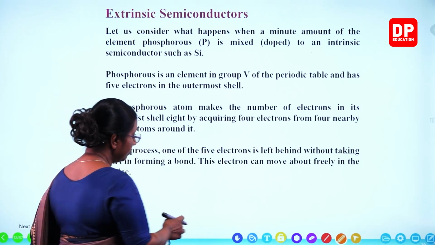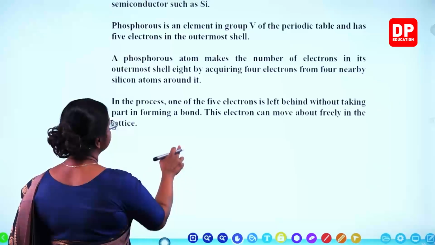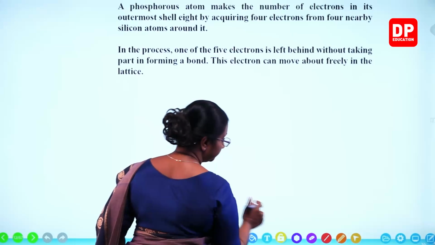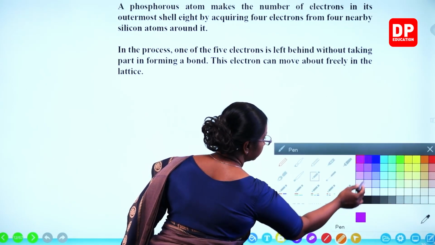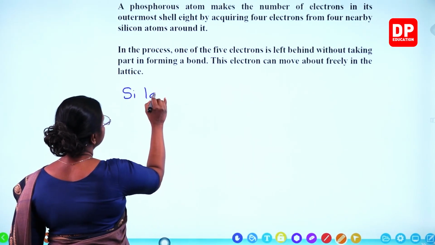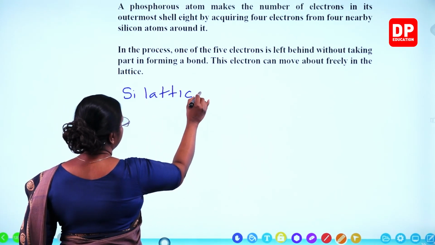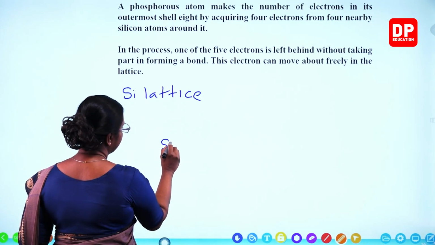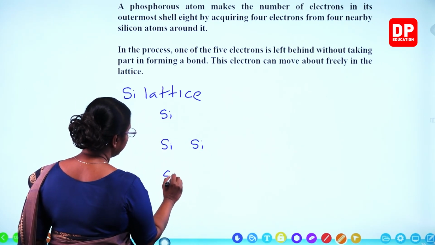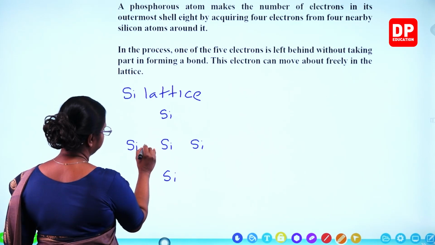Now, we will see what will happen to an extrinsic semiconductor. Now, here we have the silicon lattice. You saw in the silicon lattice, there are 4 silicon atoms bonded to one silicon atom.